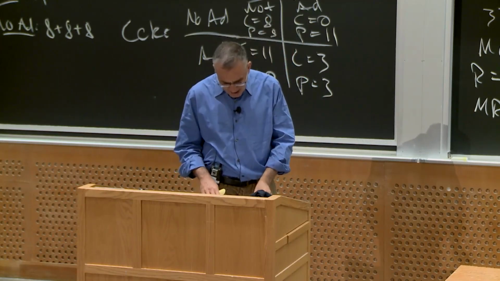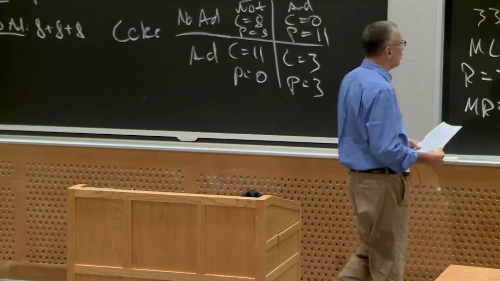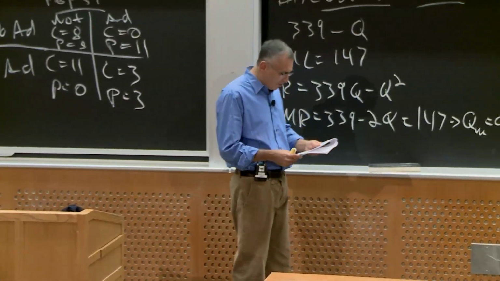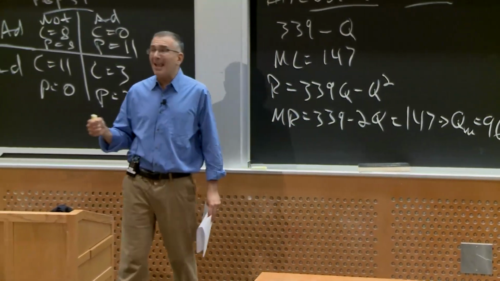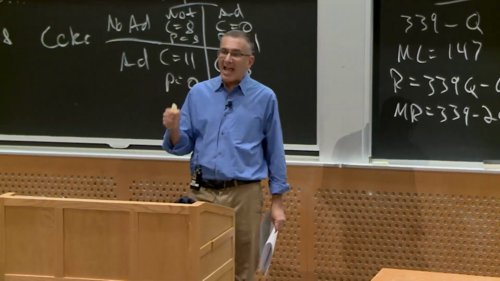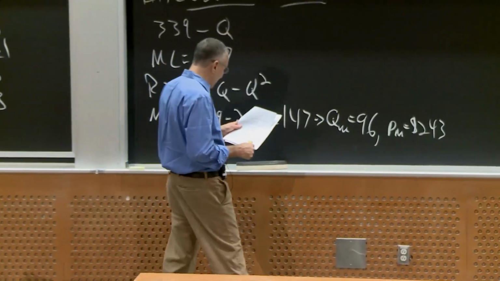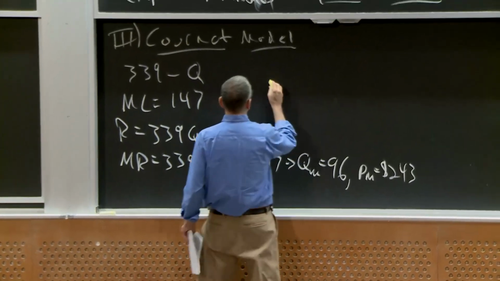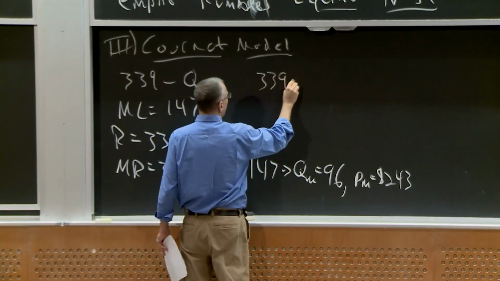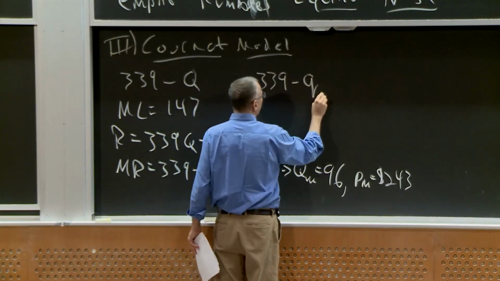Well, what it should do is compute its residual demand. What's its residual demand? It's the demand that's left over after United does the 64 flights. So its residual demand is 339 minus what it's going to fly.